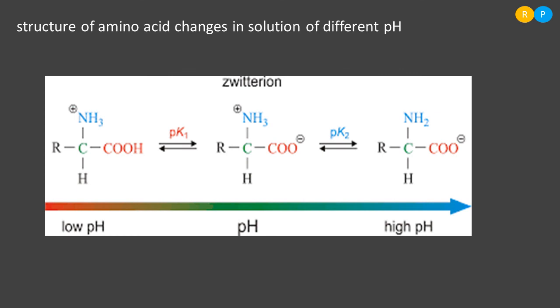So amino group here is deprotonated. Understood? So amino acid lost one proton. Clear? So that the amino acid will be negatively charged here. Clear? So there is a negatively charged amino acid that can be seen when we place the amino acid in a basic solution.